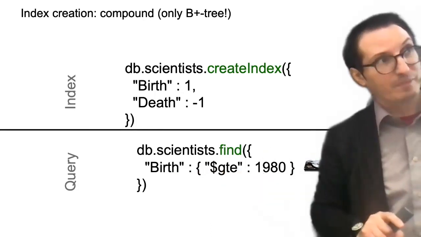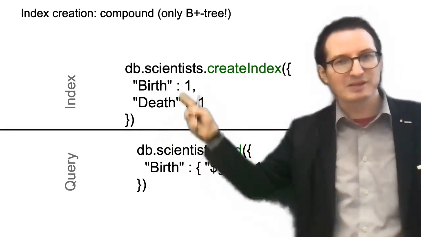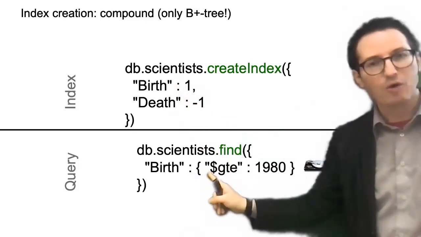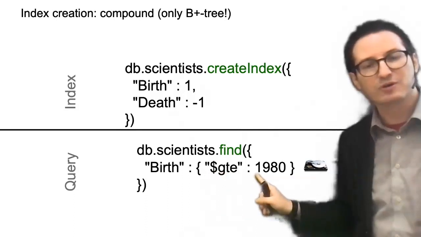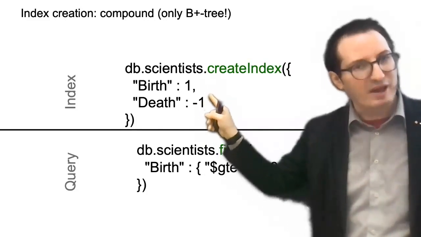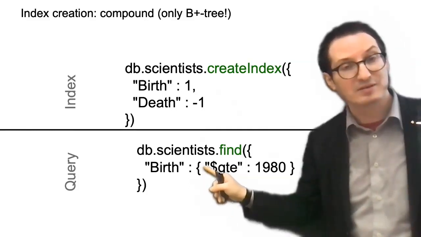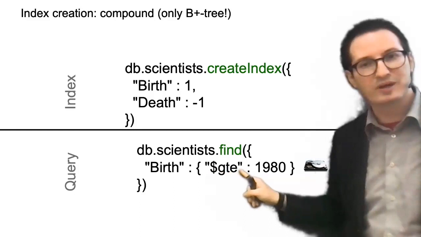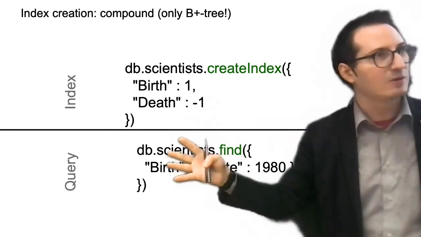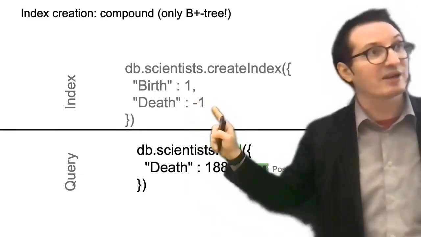This actually will work, because if you think of the compound values ordered lexicographically, first sorted by this and then by that, and you look at all of the births that are after or including 1980, if you look at the pairs, birth, death, ordered lexicographically, this is an interval, right? These are all the pairs, birth, death, such that the birth is greater than or equal to 1980. So since it's an interval on the pairs, you can use the range even though there's only the first key, right? However, it does not work if you take the second key.